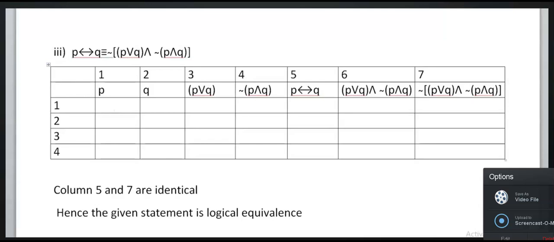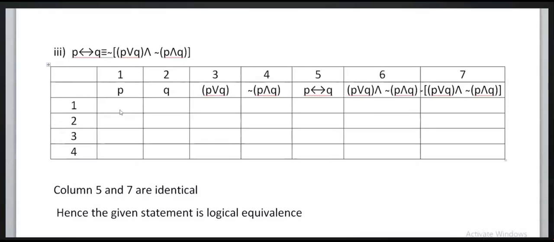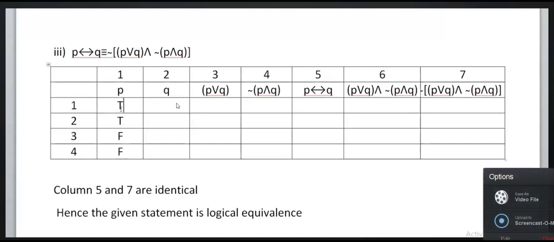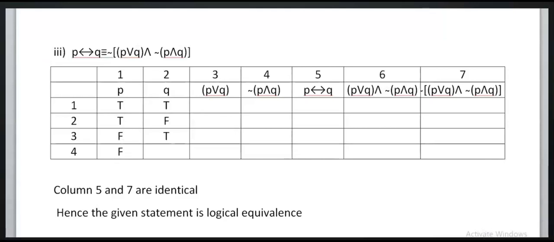Now I will construct it. See this here. First is P, double T, double F. Q is TF, TF. Now P or Q.